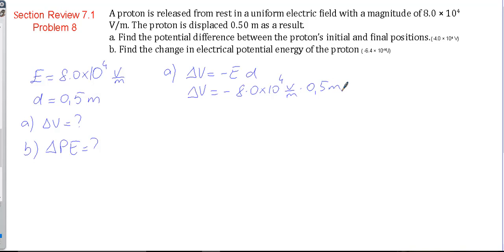The meter and meter will cancel, then delta V will be minus 4.0 × 10^4 volt. This is the potential difference. So when we write the potential difference between them, it will be 4.0 × 10^4 volt.